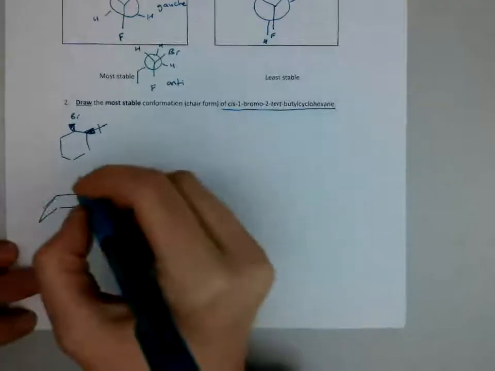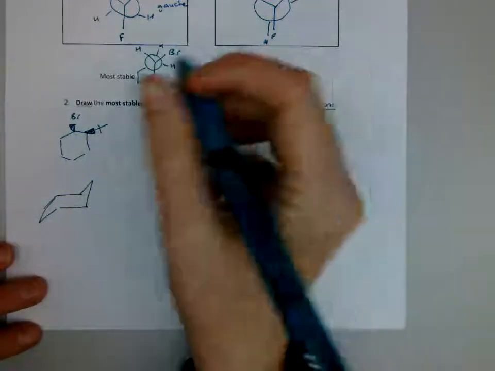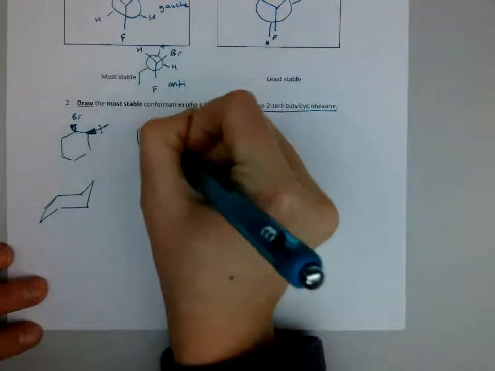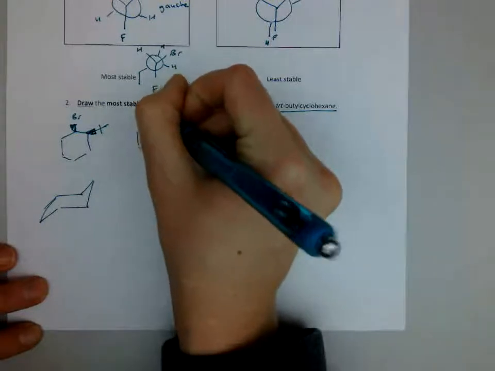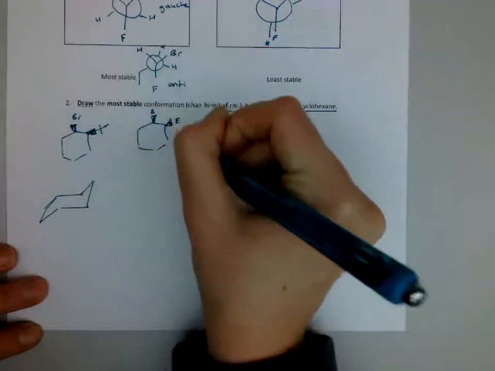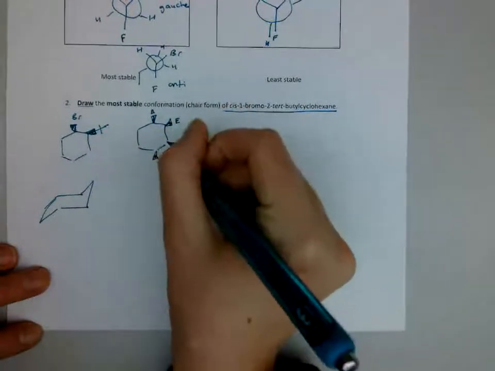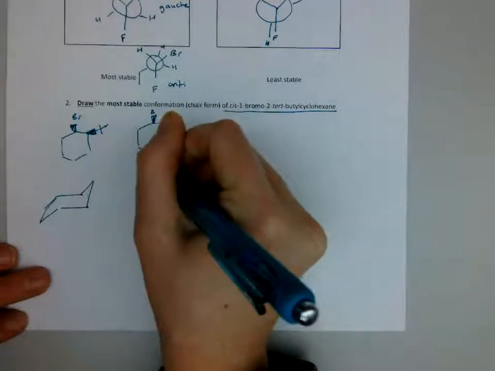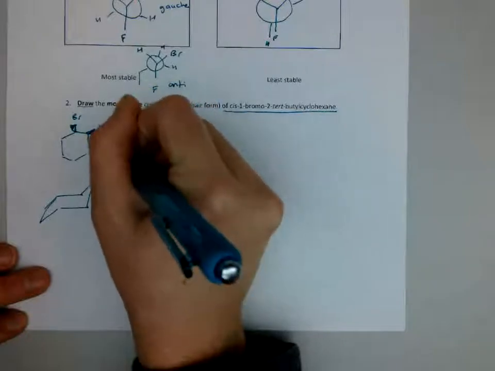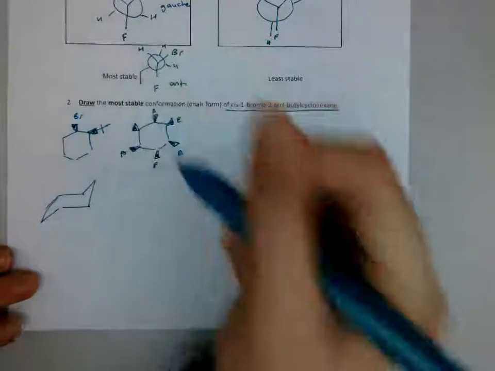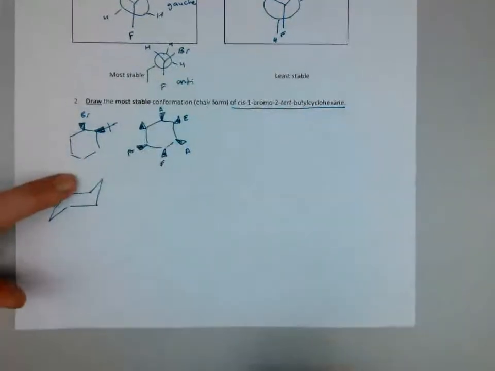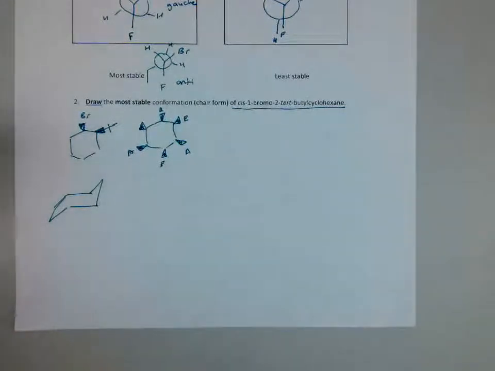So if we are converting that to a wedge and dash, you would want one of them to be axial, one of them to be equatorial. If you went all around here, the ones that are all pointing up alternate axial, equatorial, axial, equatorial, axial, equatorial.